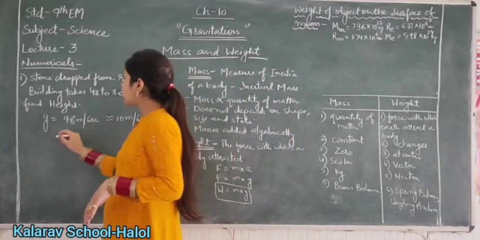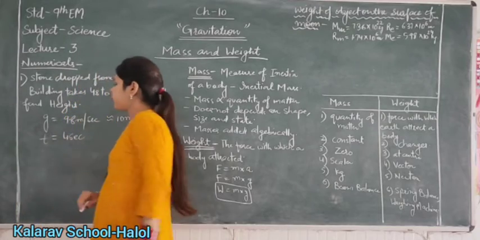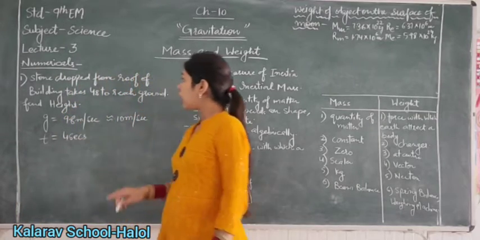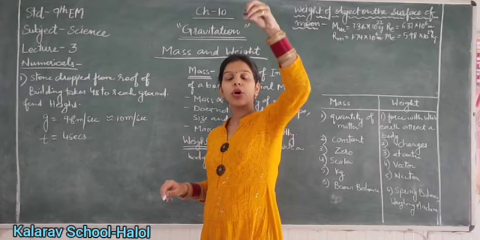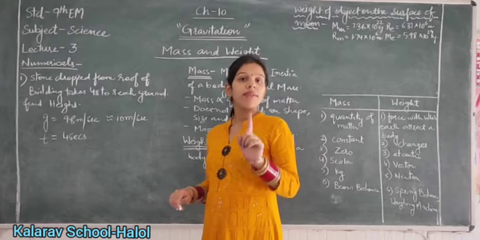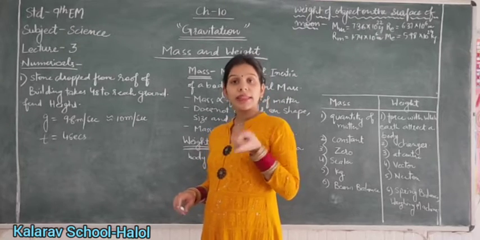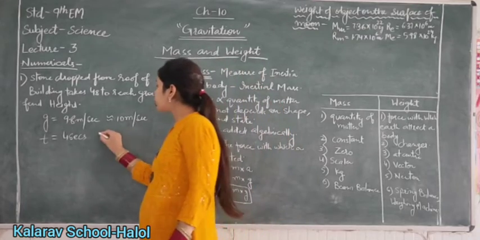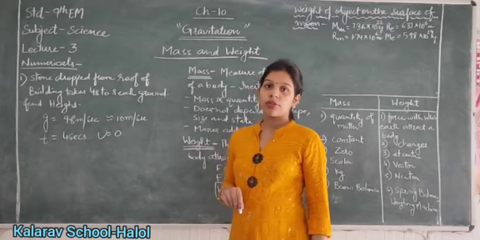It takes 4 seconds, so t is 4 seconds, to reach the ground. So the body comes from above and falls down to touch the ground. I had already told you about that. In that condition, u should be 0, where u is the initial velocity of the object.